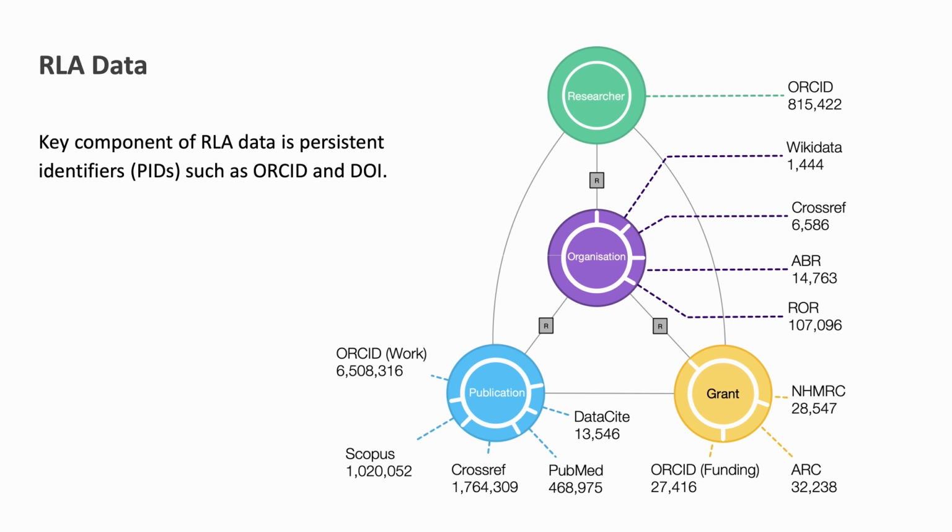It connects the ORCID records from Australian researchers and our collaborators to the organizations that are identified by a number of different persistent identifiers, connects them to the publications, and then links them to the grants and funding.